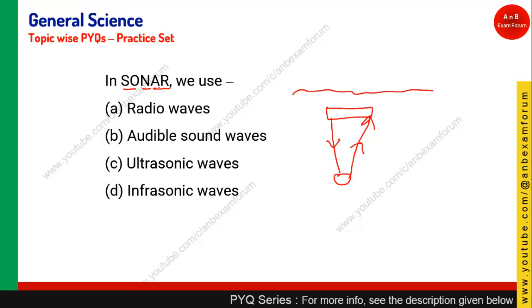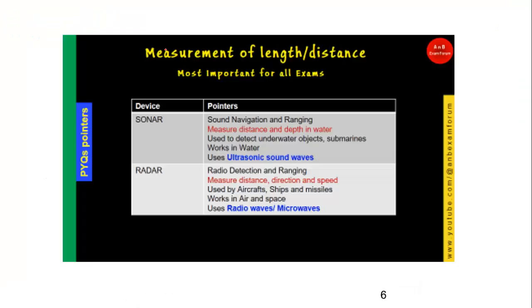Sound, navigation and ranging. You have to remember that it uses ultrasonic waves. Ultrasonic waves are used to find the depth or the distance of a submerged object in the sea. For this question, option C is the right answer. The alternative to sonar is radar.